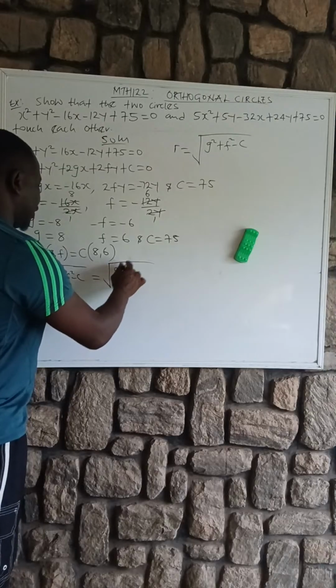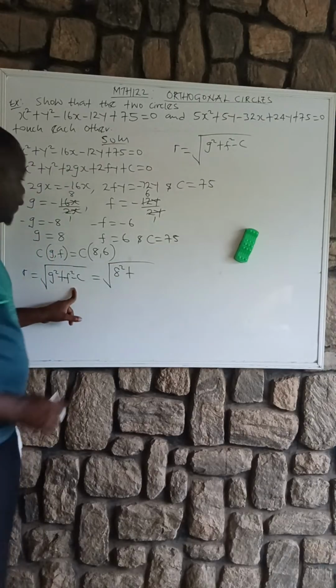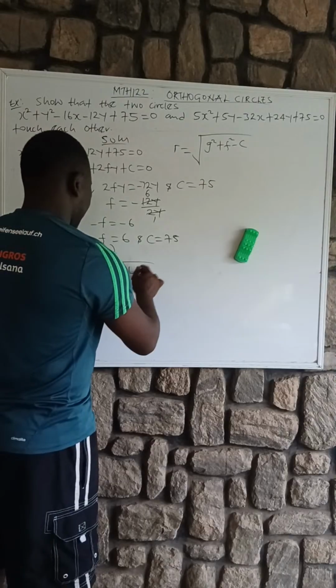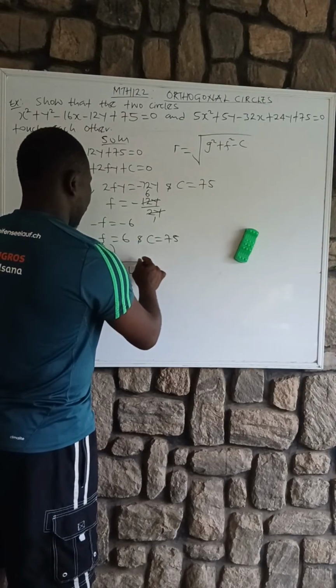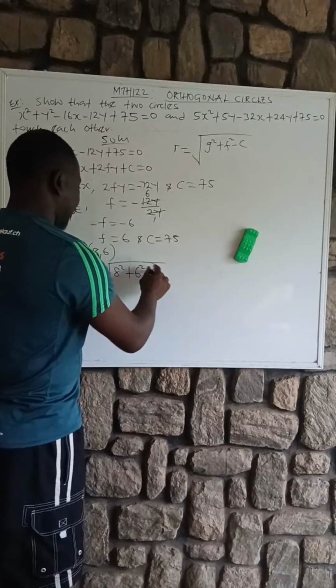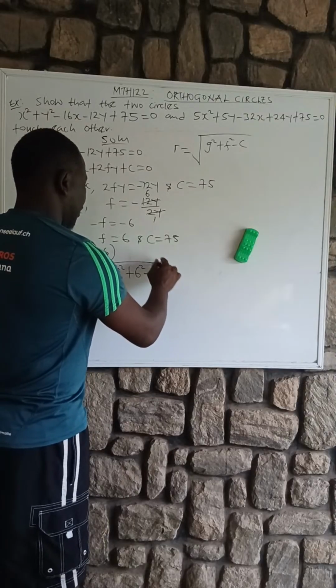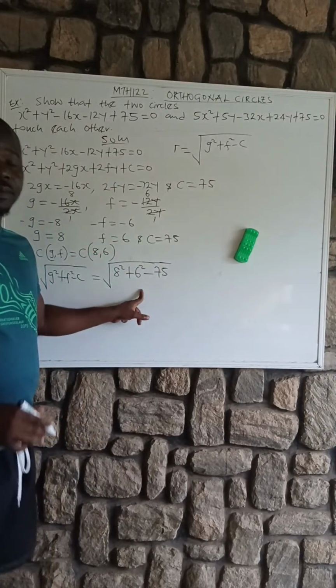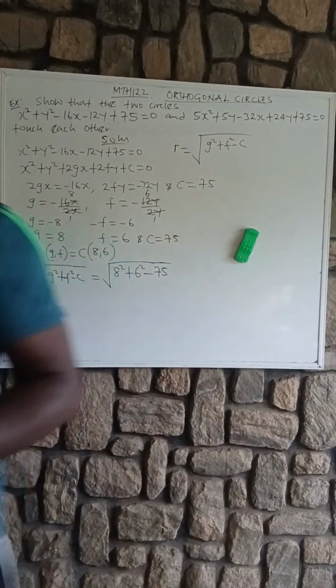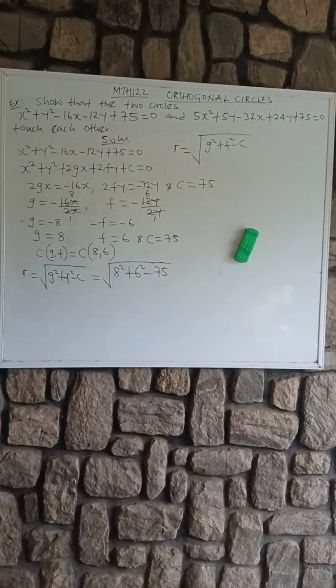So 8 squared. f is 6, right? 6 squared minus c, which is 75, right? Okay, help me compute this, and somebody should tell me the answer. One mark for that, the first two people.